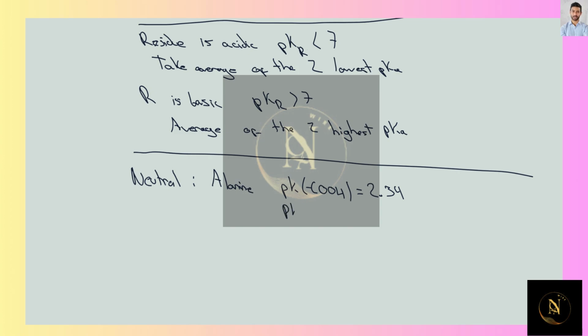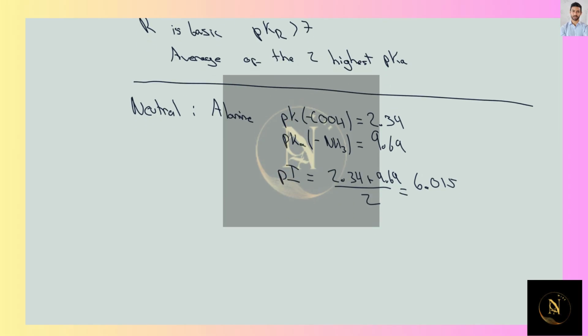We know that the pKa for the amino part of the amino acid is equal to 9.69. Thus, the isoelectric point is equal to 2.34 plus 9.69 divided by 2, which gives 6.015.